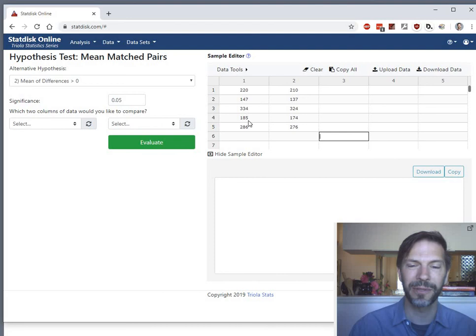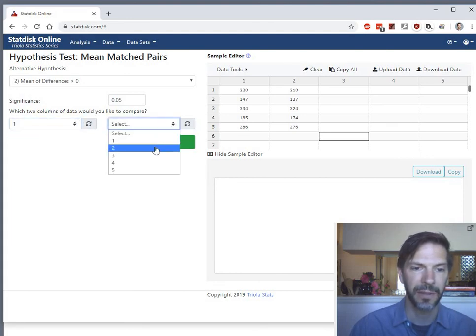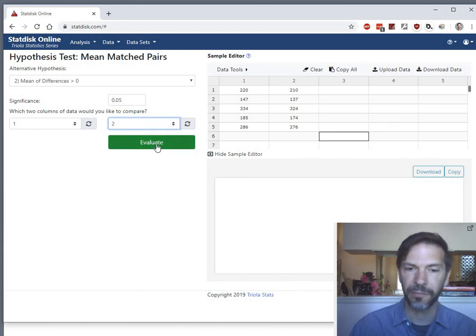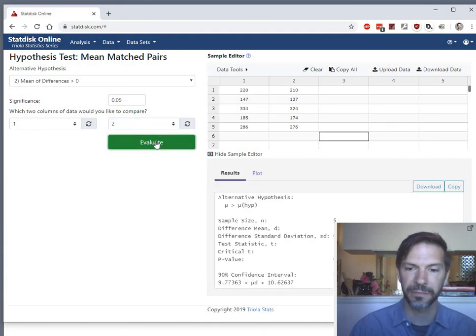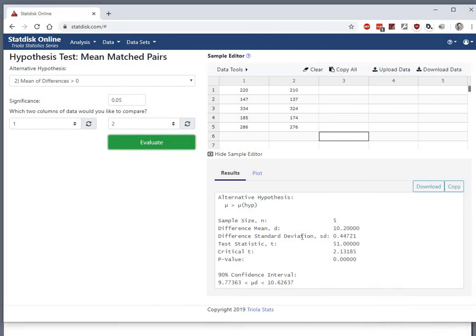You will need to put the original 2 lists into your sample editor here. But it just says, which 2 columns would you like to compare? I'd like to compare column 1 to column 2. And go ahead and punch evaluate. So it basically does what we just did on its own.